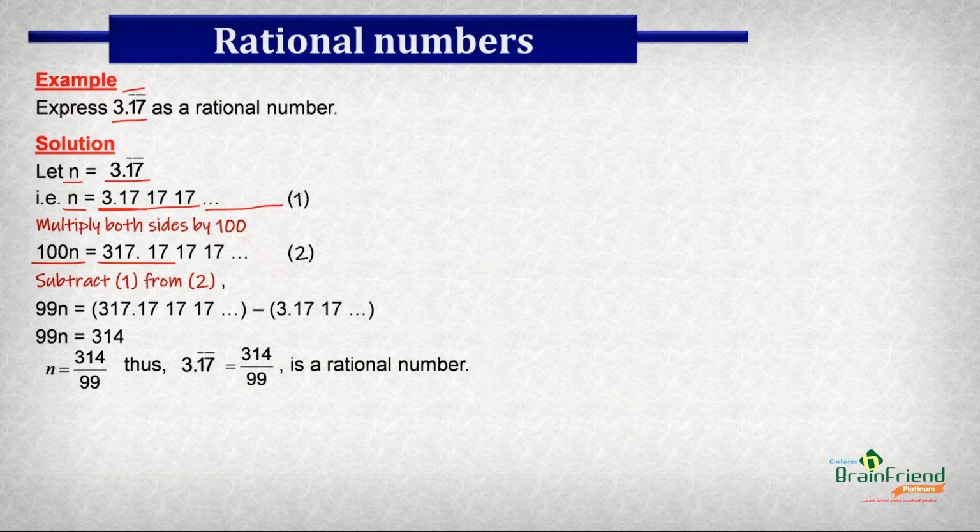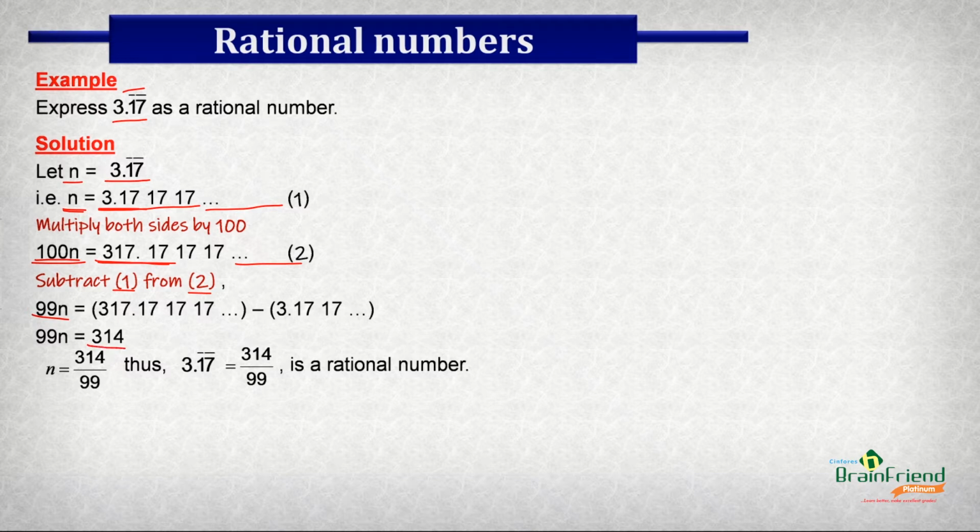Now we can call this equation 2. Then we move ahead by subtracting equation 1 from equation 2. When we do that, that is 100n minus n, that gives us 99n, and 317.17 minus 3.17 gives us 314.